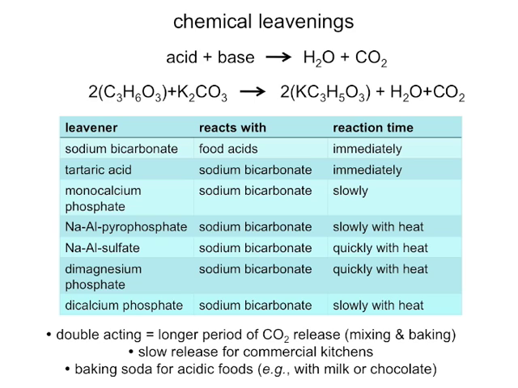Double acting, really, this is telling us that some of the activity is coming from the mixing, so we immediately begin to dissolve that tartaric acid and bicarbonate, and they react and form gas bubbles. And then some of that is only reacting after we begin cooking, and that's really just a matter of how soluble the two components are in the solvent that we're using, the recipe that we're using.